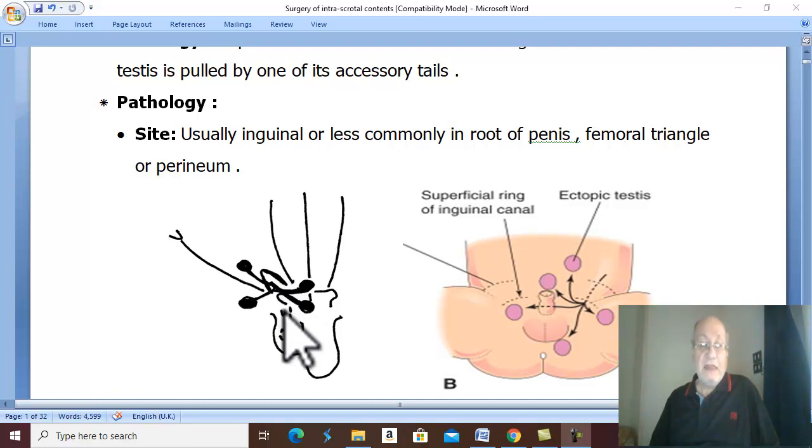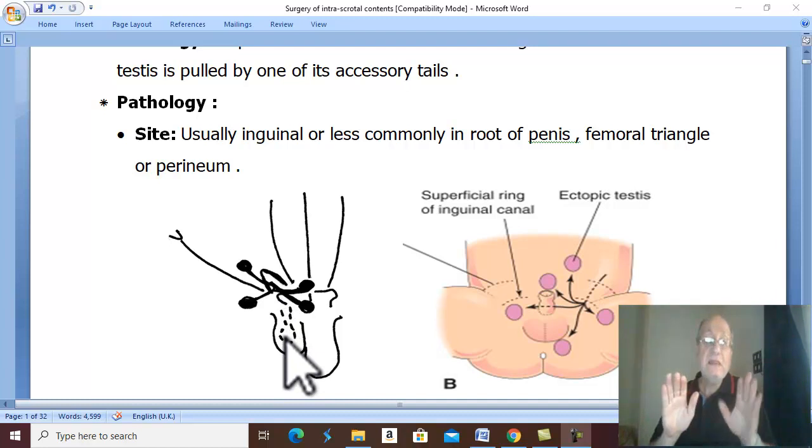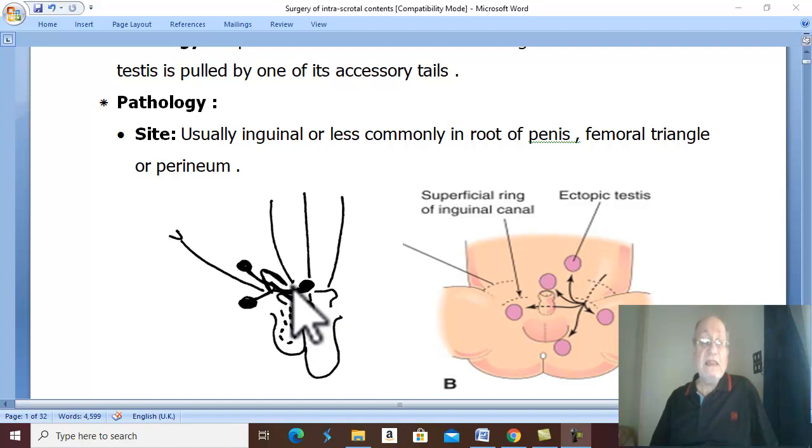There is failure of descent of the testis to the bottom of the scrotum because there is absence or degeneration or rupture of the main scrotal tail. And now the testis migrates in the subcutaneous tissue in an abnormal site.